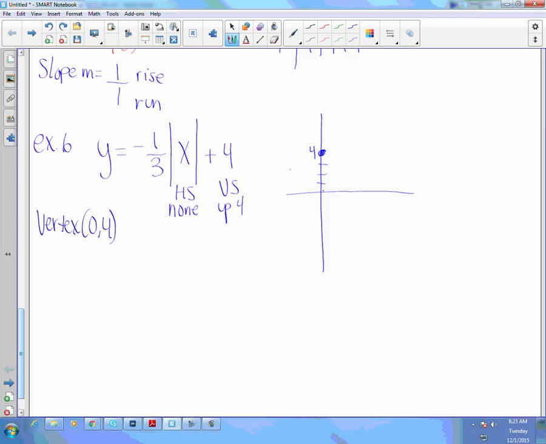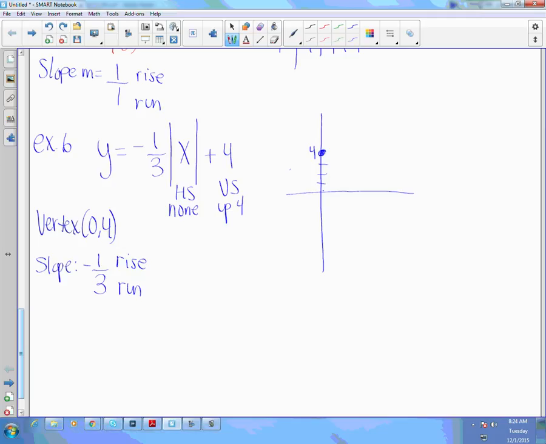Jason, what is A? Negative 1 over 3, so 1/3, and then someone should be doing the negative sign. So our slope is negative 1/3. Rise negative 1, what's that mean? Rising a negative, you go down. Run 3.